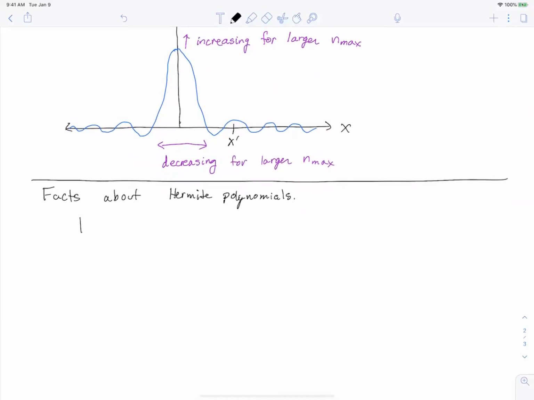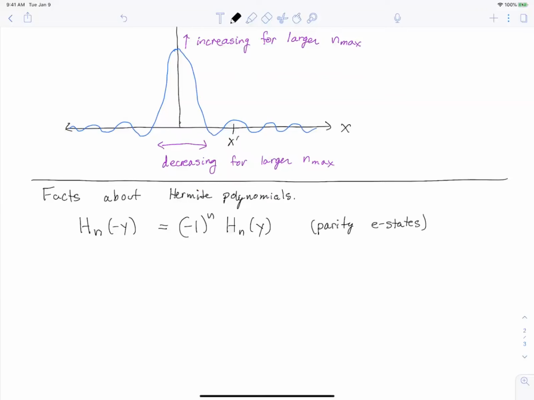One is if I take the nth Hermite polynomial as a function of minus y, that's minus 1 to the n power times the nth Hermite polynomial of just y itself. So that's telling you that these things are parity eigenstates.